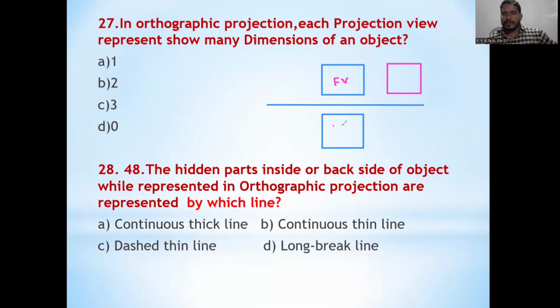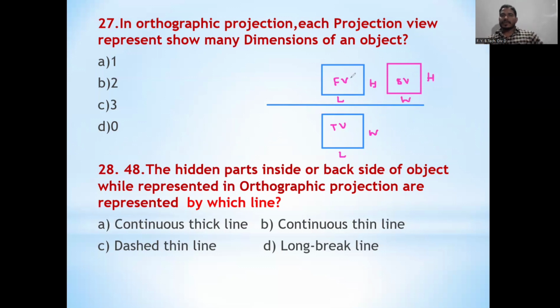Front view, top view, and side view. The front view is the combination of which two dimensions? Length and height. The top view gives the combination of length and width. And the side view gives the combination of width and height.